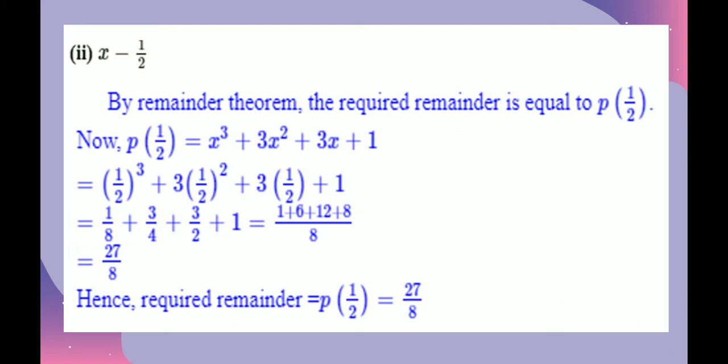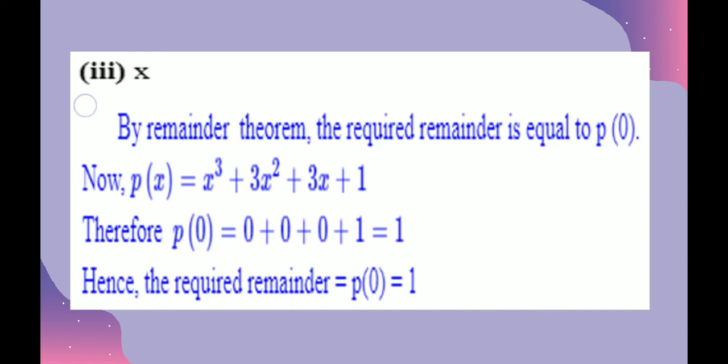The LCM will come 8, and on solving this we'll get (1 plus 6 plus 12 plus 8) upon 8, and again solving this we will get 27 by 8. Hence, the remainder p of 1 by 2 is equal to 27 by 8.